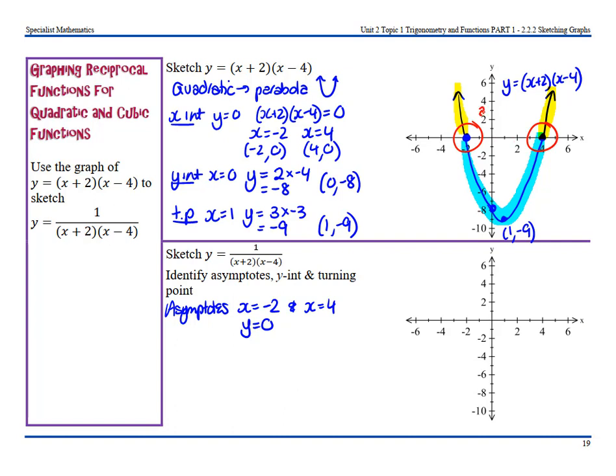So let's label this. So our asymptotes are happening at our x-intercepts because we can't divide by 0. So let's draw those in.